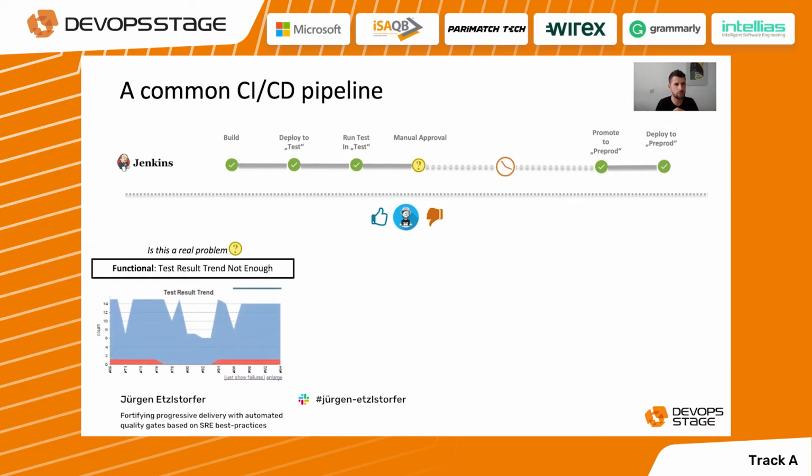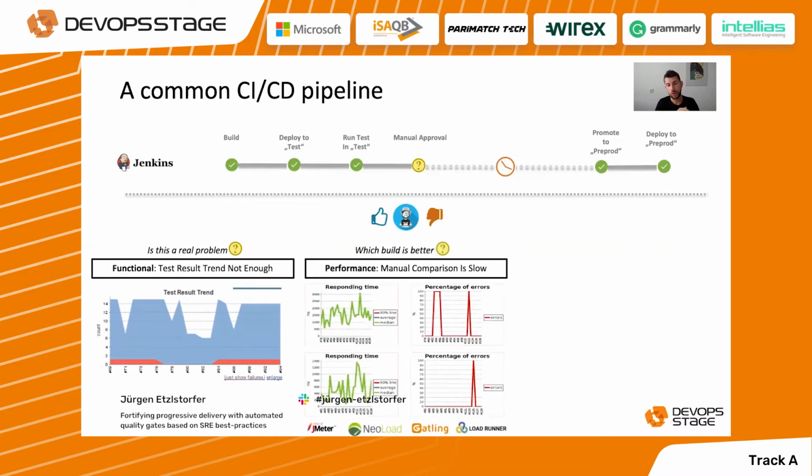So we might run some functional testing, but the problem is tests sometimes are not long enough, so it's very difficult to find out if there is already a trend going into a direction that is not very beneficial for this application. We also need to compare different performance metrics.